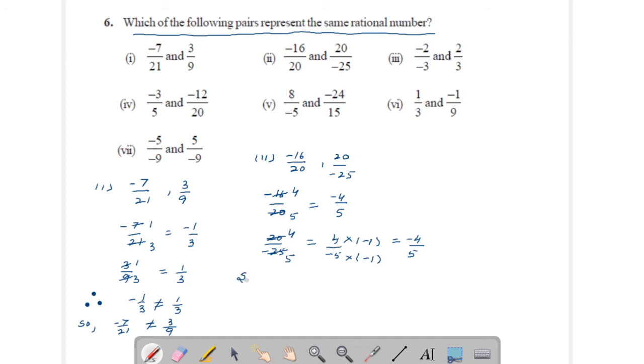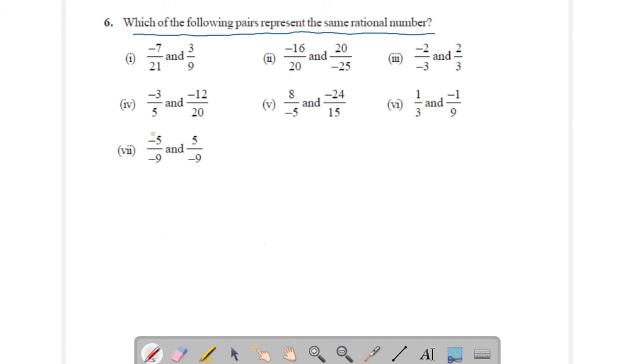Since minus 4 upon 5 is equivalent to minus 4 upon 5, therefore minus 16 upon 20 is equivalent to 20 upon minus 25. Both are equal.